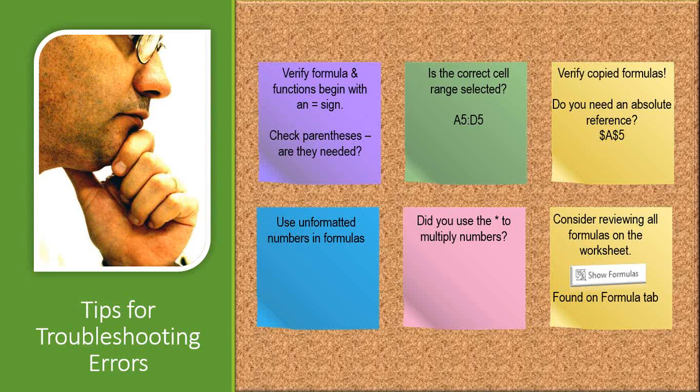If your formula is incorrect or you're getting an error, it could be that you're using the X sign instead of the asterisk to multiply numbers. And then finally, I can't stress it enough, make sure that you consider reviewing all the formulas on your worksheet. You want to make sure you double check. So I recommend on the Formulas tab, you click that Show Formulas button, and then just spot check a few of them, especially if you're copying a lot of formulas.